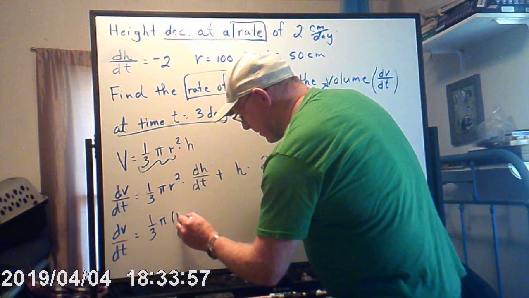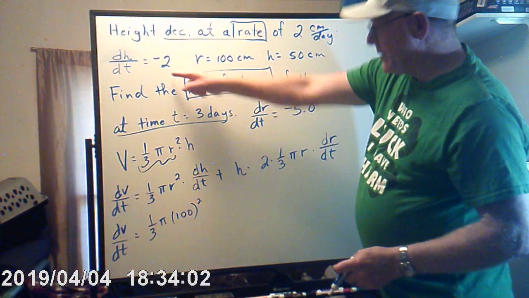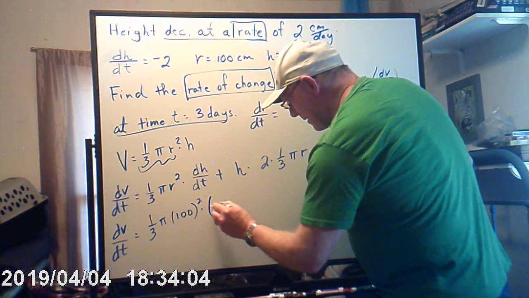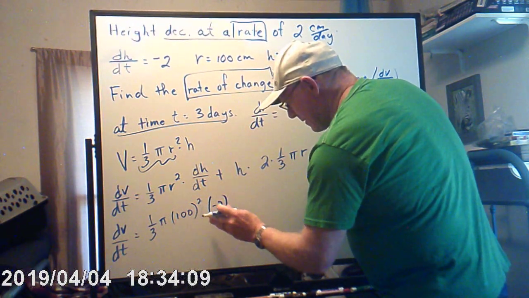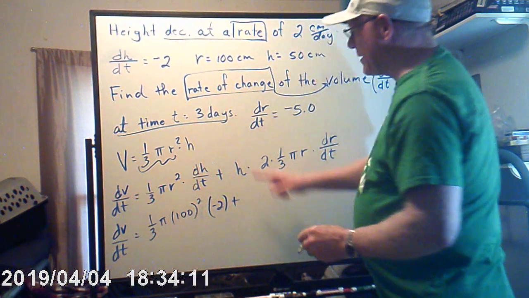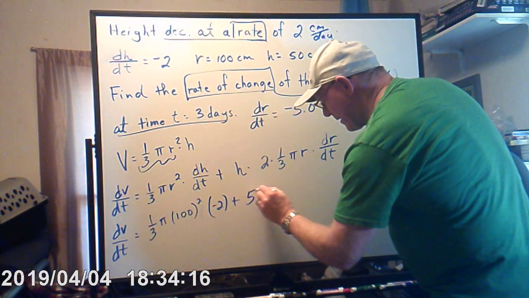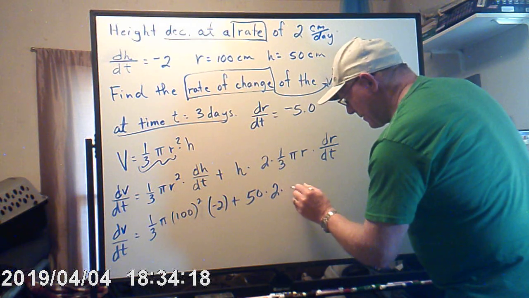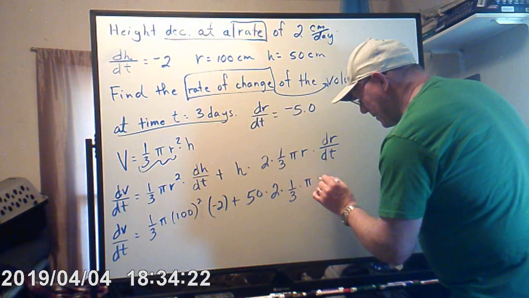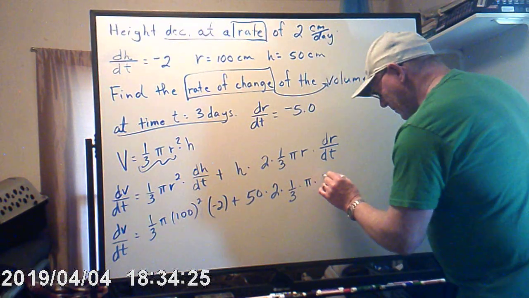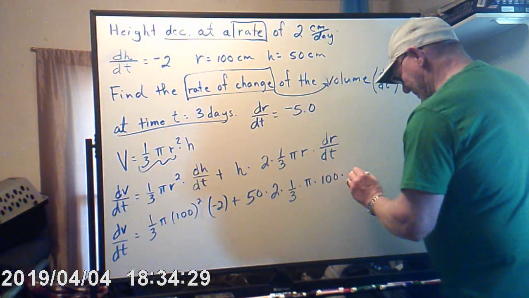Pi times 100 squared. dH over dt is -2, times -2. Now plus h. H is 50, is it not? So 50 times 2 times 1/3 times pi times r, which is 100. Now dr over dt is -5.